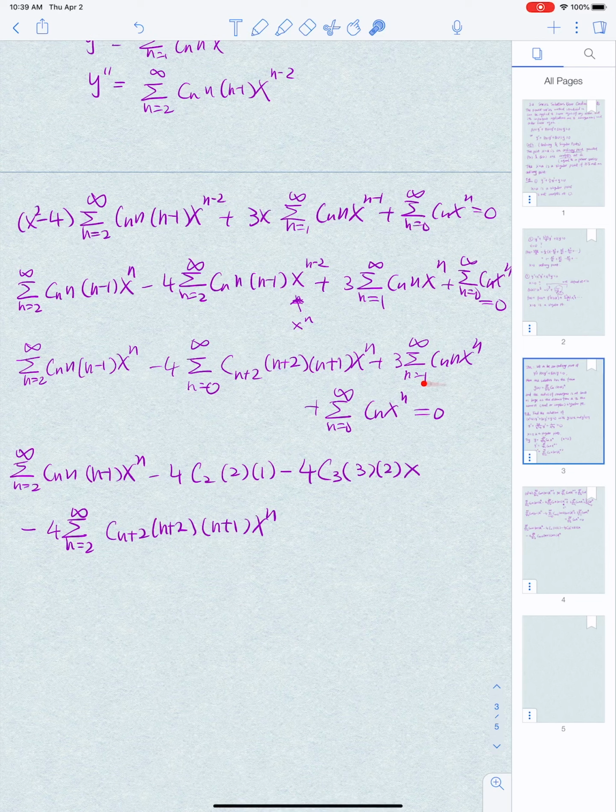We want to write out when n equals 1 and then the rest. Same thing here. When n equals 0, n equals 1, and then the rest.